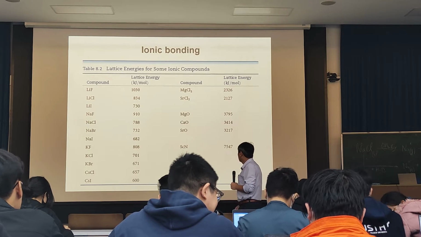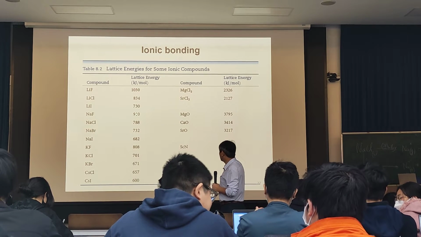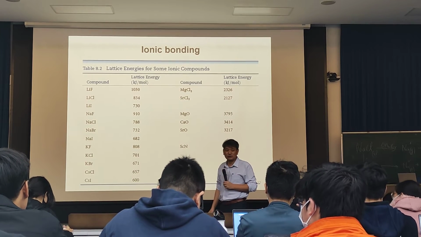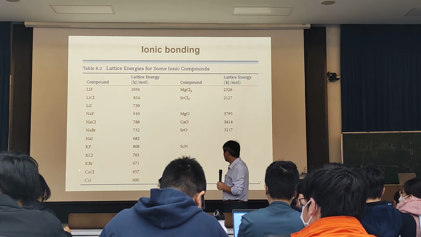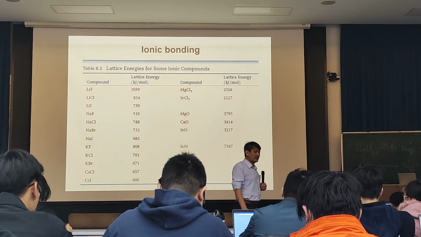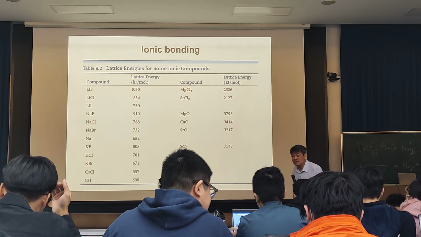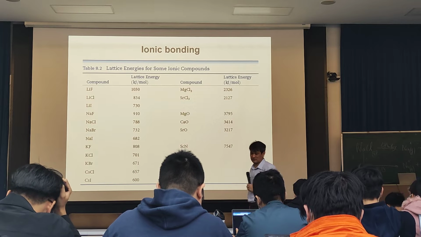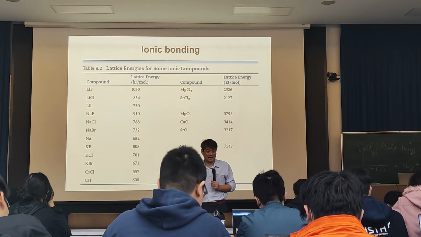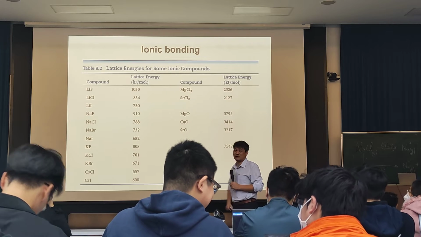So experimentally, you will see that sodium chloride's lattice energy is 910 kJ per mole. Cesium iodide is only 600 kJ, smaller than that. And calcium oxide is 3,400, almost 6 times higher than sodium chloride.